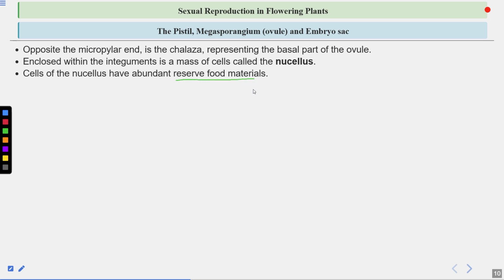These nucellus cells are diploid and have abundant reserve food material. Now, in the case of microsporangia, which layer provides the nutrients? The tapetum layer. Here the nucellus is concerned with storing the abundant reserve food material and providing it to the developing female gametophyte.